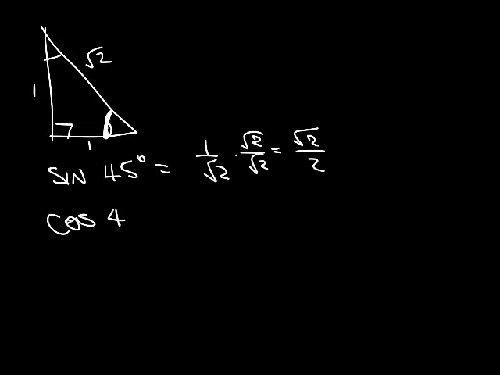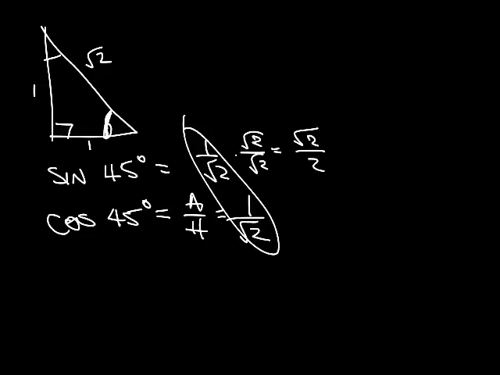Cosine of a 45-degree angle is going to be adjacent over hypotenuse, which is 1 over square root of 2. So the cosine of a 45-degree angle will be, again, square root of 2 over 2.